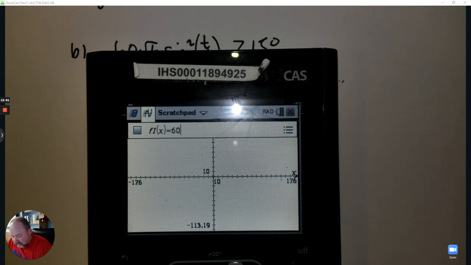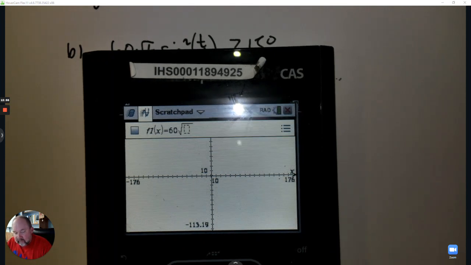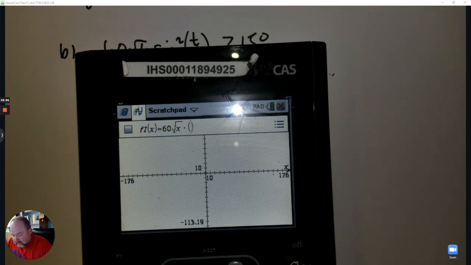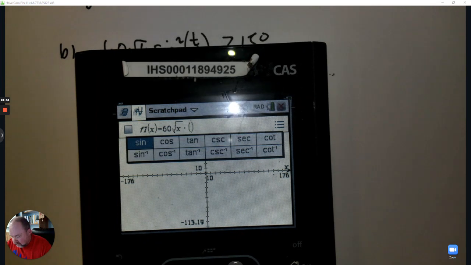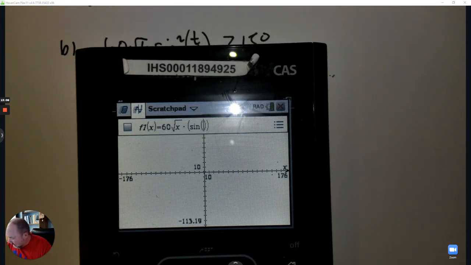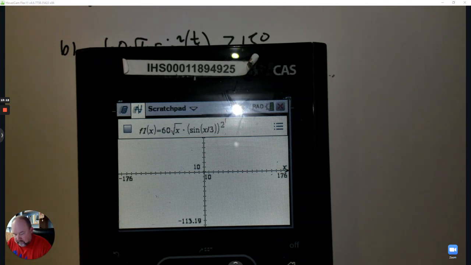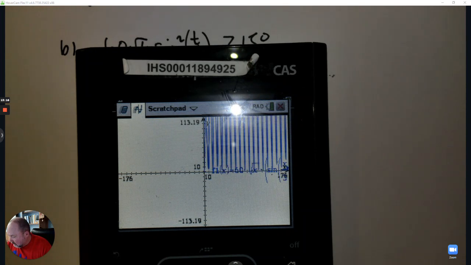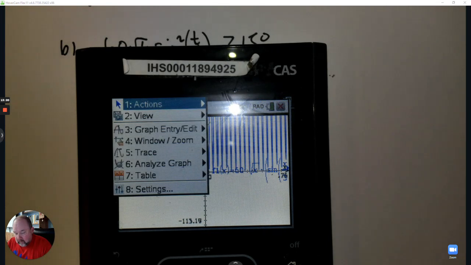So 60, the square root of x times parentheses sine x divided by 3, and that's squared. We're going from 0 to 18. So menu, window.